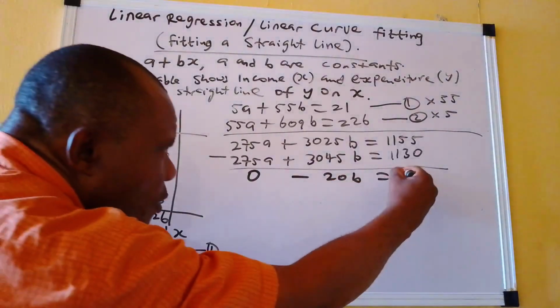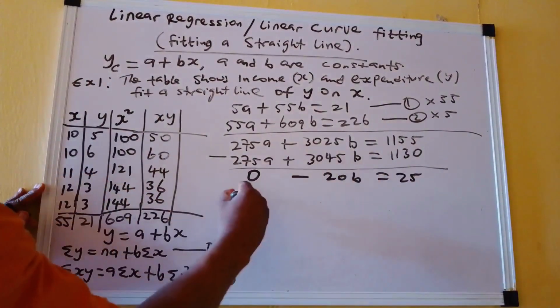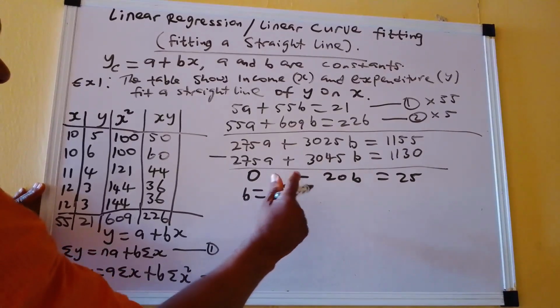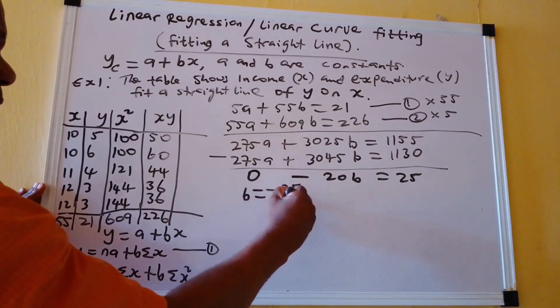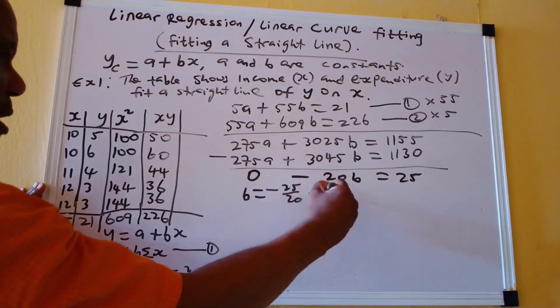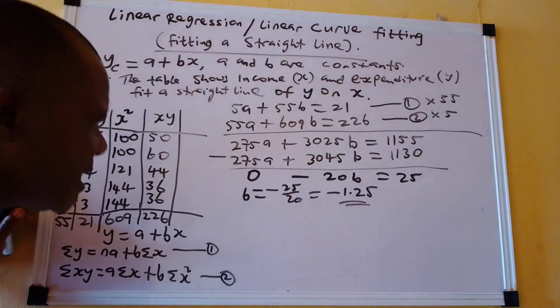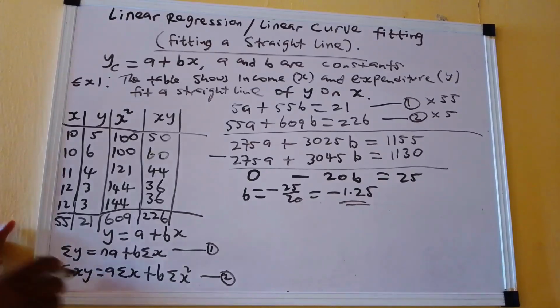This will give us 25. So this means that from here, our B will be equal to 25 over minus 20. So that's going to be minus 1.25. So our B is minus 1.25.